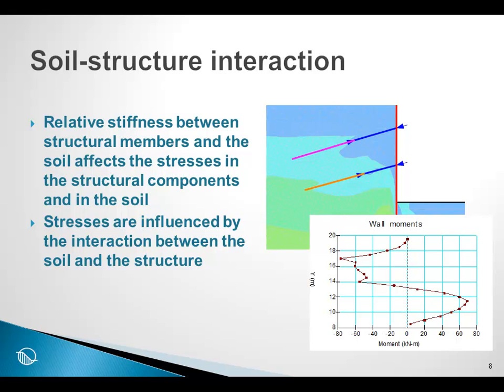On the other hand, if the structural members are very stiff relative to the stiffness of the soil, this will affect the stress distribution in the soil. So the stresses are influenced by the interaction between the soil and the structure. And in order to do an appropriate soil structure interaction type of analysis, we need a Sigma W type of approach.